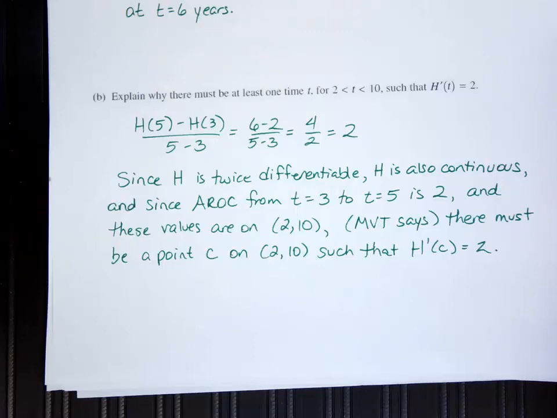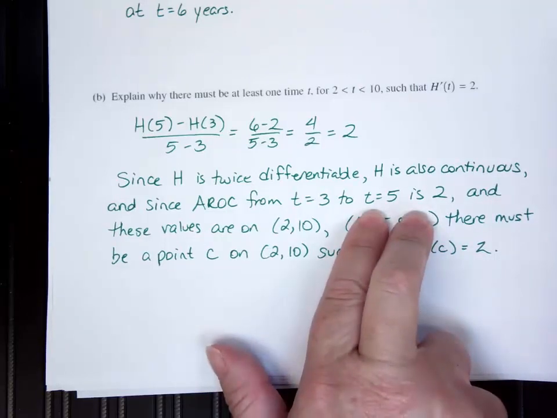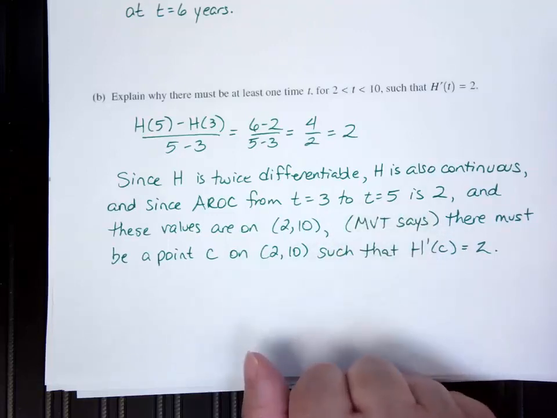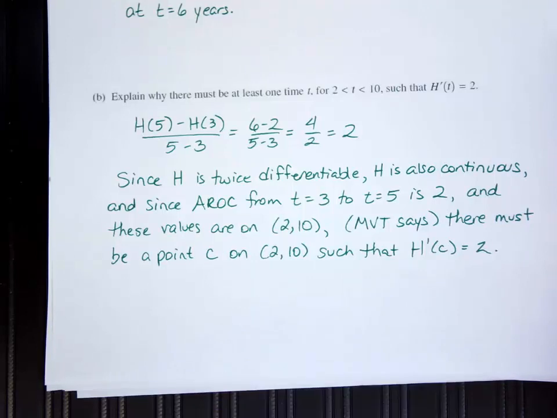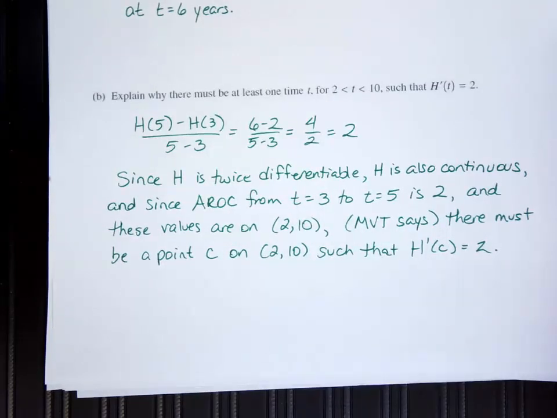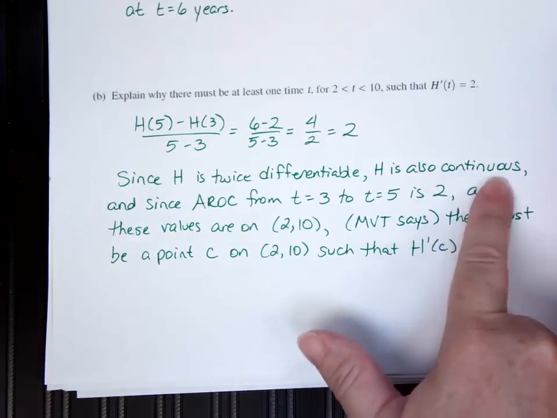But if you accidentally call it the wrong theorem, you will not get the points for it. So you could theoretically leave those two words out and get full credit for this problem. So if you're not sure if it's MVT, then don't say it. Just say there must be a point such that h prime of c equals 2. These are the hard ones to get points on, so make sure you get all the bases covered. This is the one where most people fall, not stating that it's continuous as well.